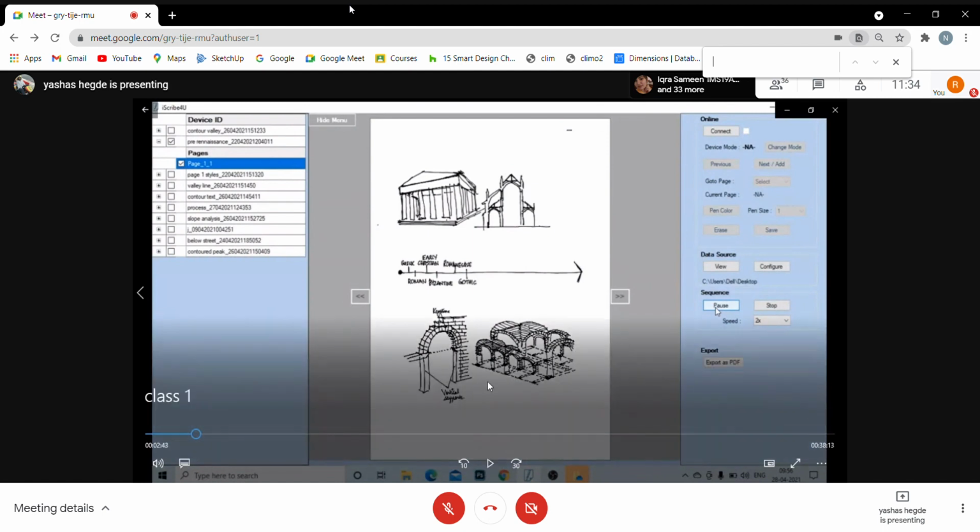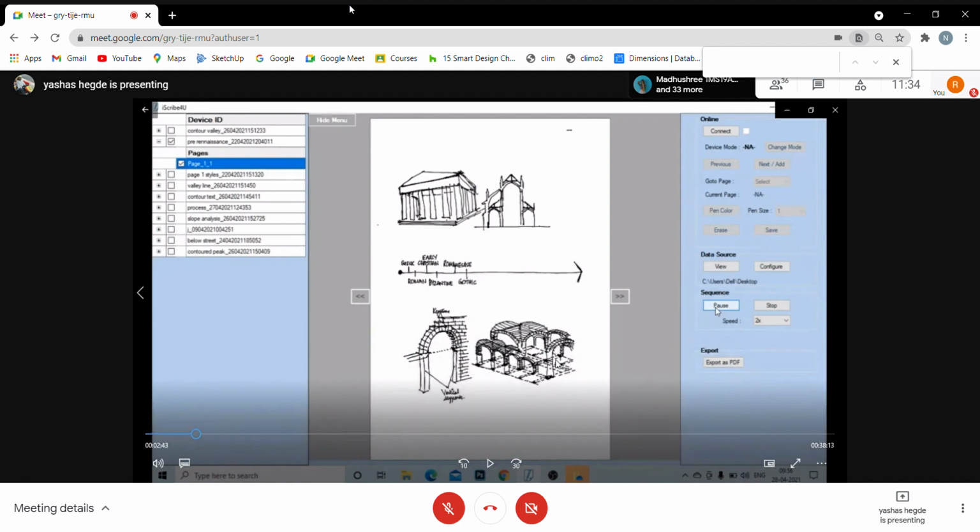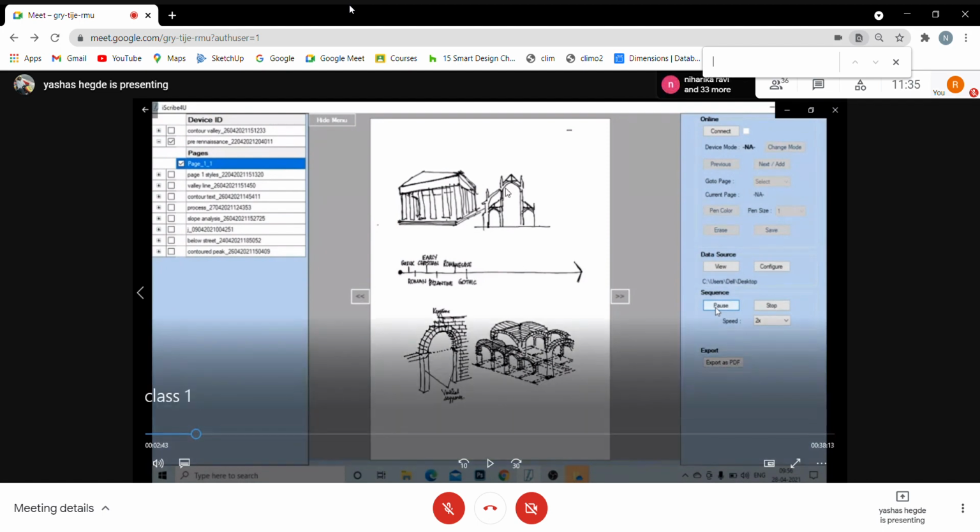Now, if you compare these two sketches here, in this Romanesque barrel vault, the main problem will be with the light, because it looks like a series of arches, but you can't get in the light, right? At least if you see here, these are glasses here. So automatically you get the light into the building.